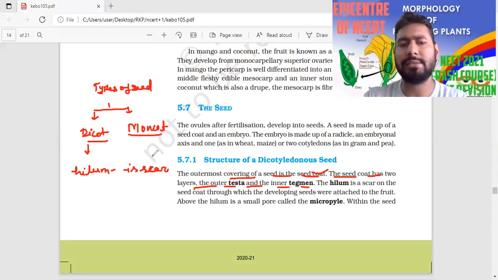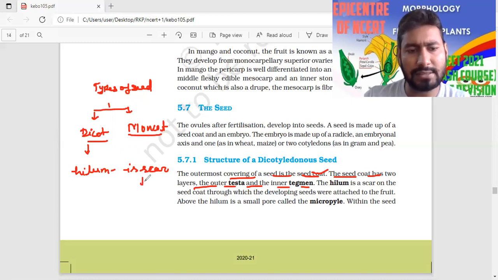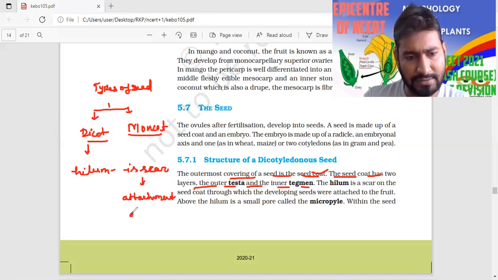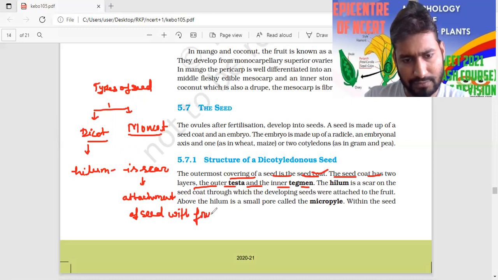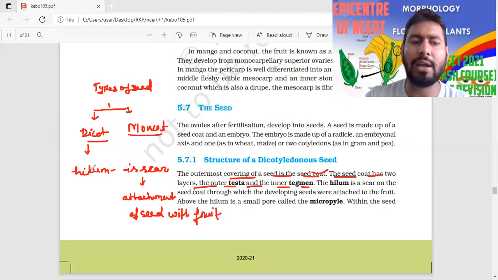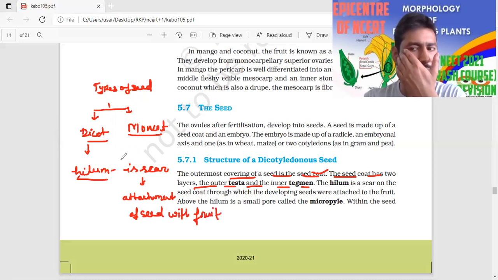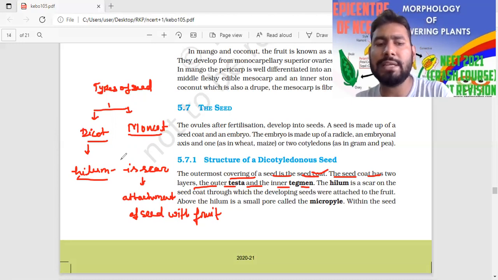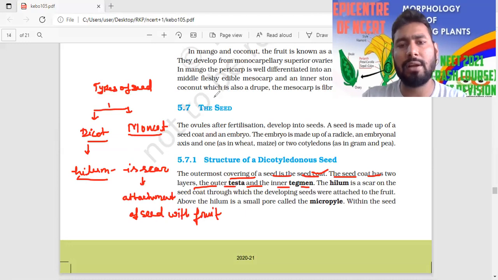It is a spot-like structure found on the seed, the site of attachment of the seed with the fruit. This is called the hilum.